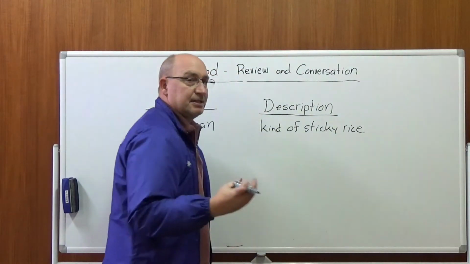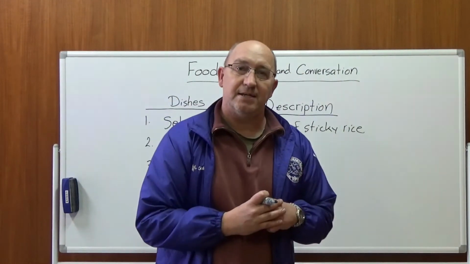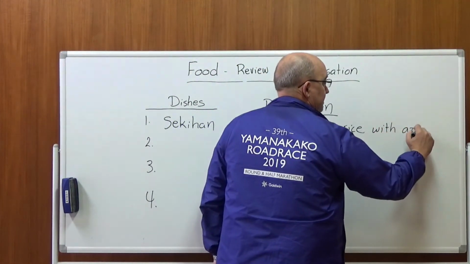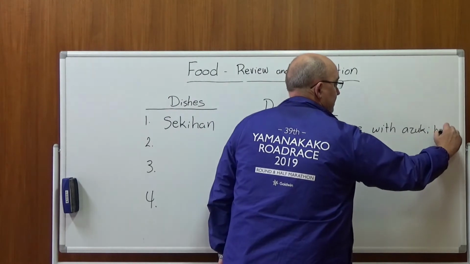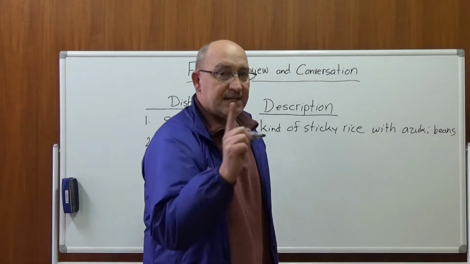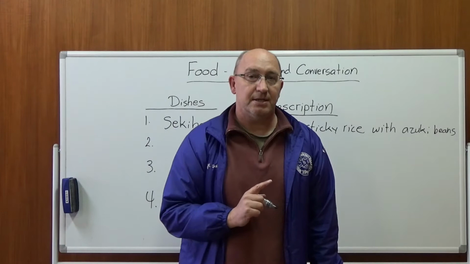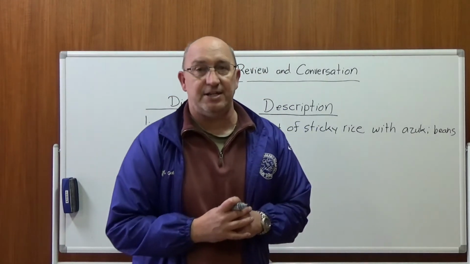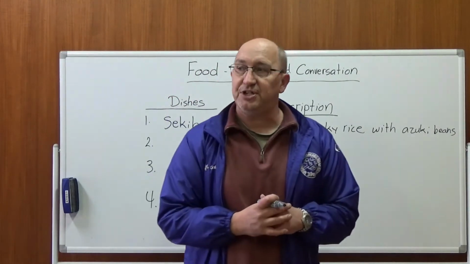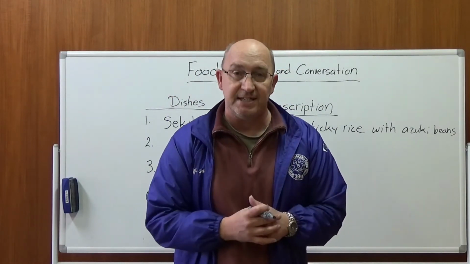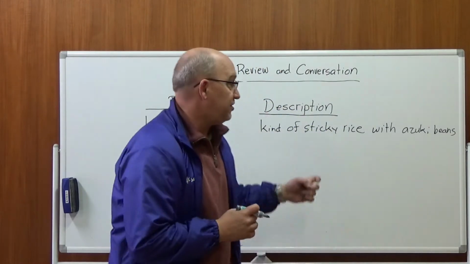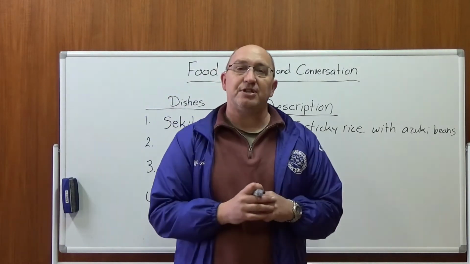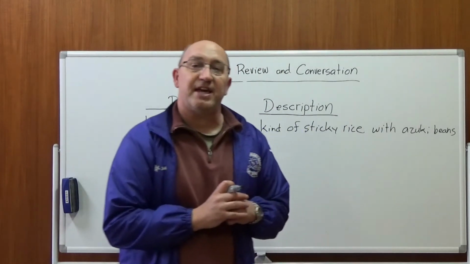Sticky rice. Mochi mochi shita. Of course, with azuki beans. Now there was one more information. I said it's served on special occasions. A special occasion means a special day, a special event. So that was the first food, a kind of sticky rice with azuki beans, served on special occasions.